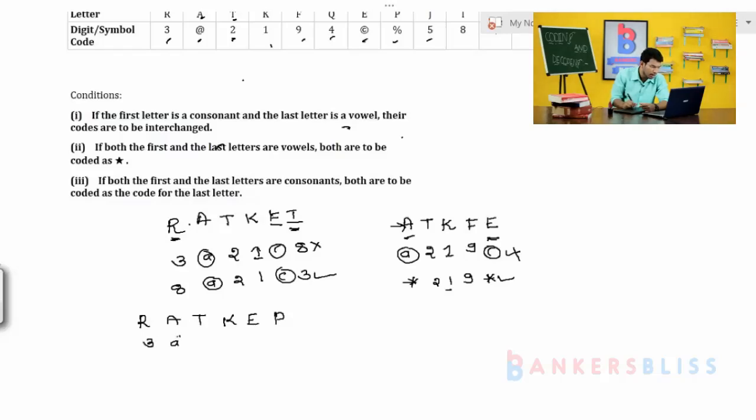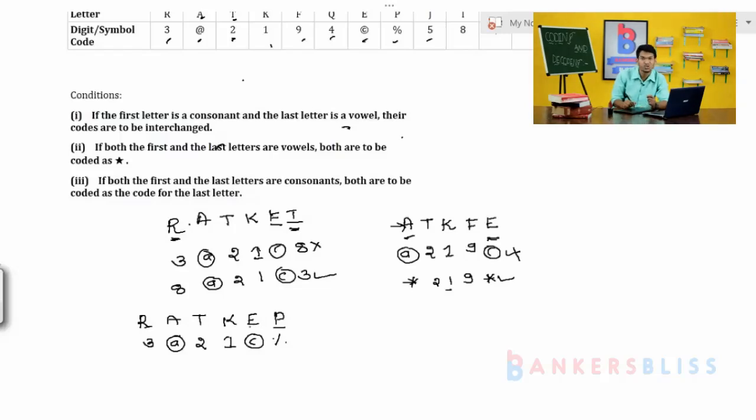That is @. What is the T? That is 2. What is the K? That is 1. What is the E? That is copyright. And what is the code for P? That is percentage. R is also consonant and P is also consonant.